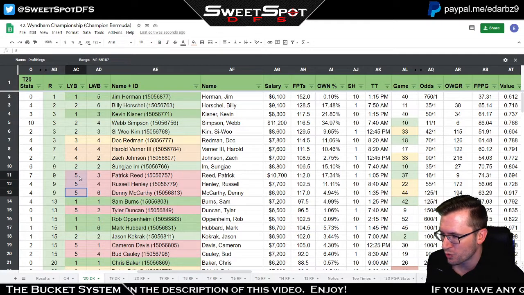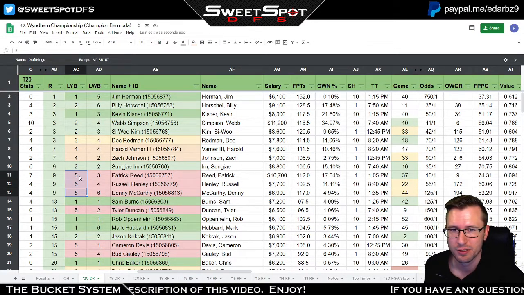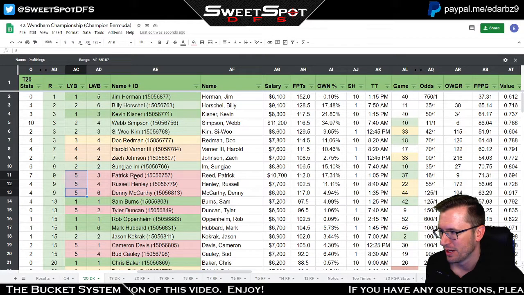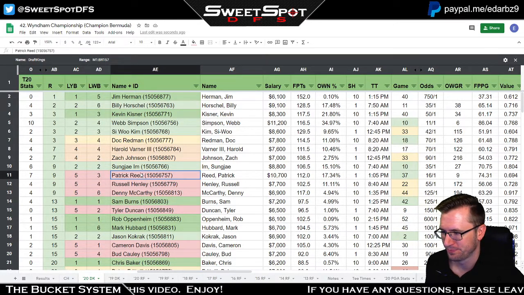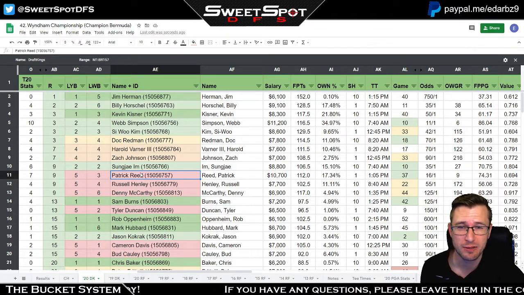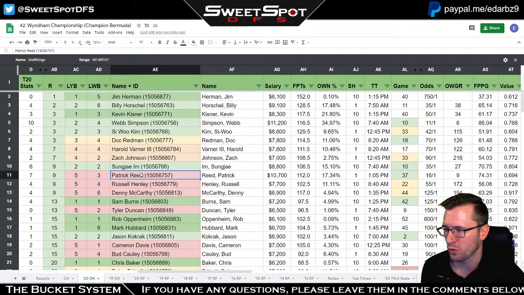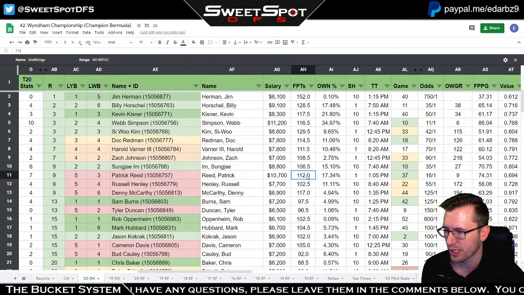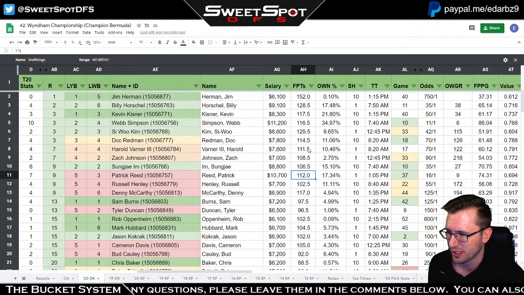Now, we had 3 last year 5s that finished 9th place. Patrick Reed was one of them. He was one of the high-priced guys. Would you have played Patrick Reed if he was last year 5? I wouldn't have. I don't know if he really returned value. I mean, he scored pretty high points based off of the rest of them.